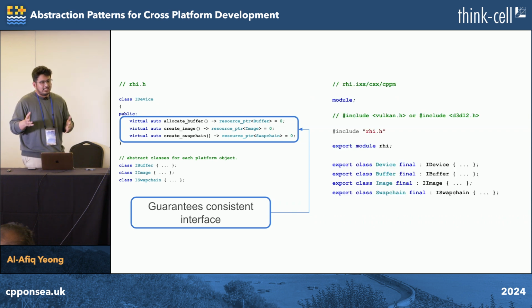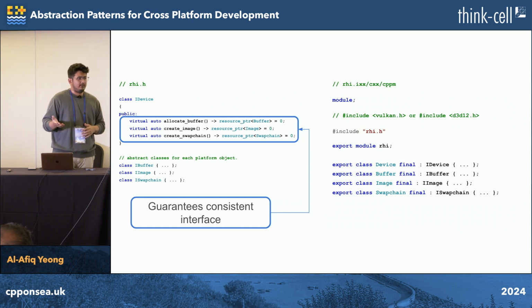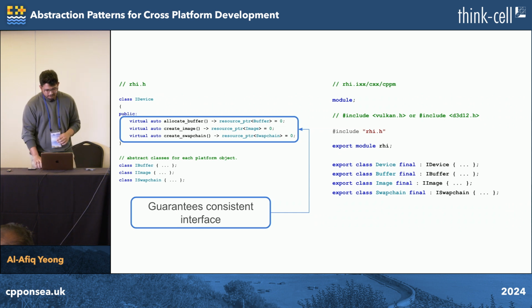Then in our module, we simply derive all of the implementation from the abstract base class and override these methods with the implementation detail, and that pretty much guarantees us a consistent interface regardless of whatever platform we're choosing.